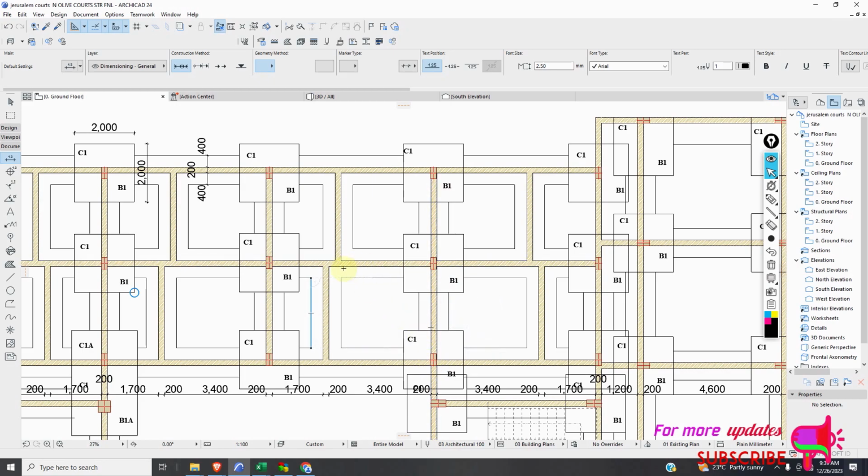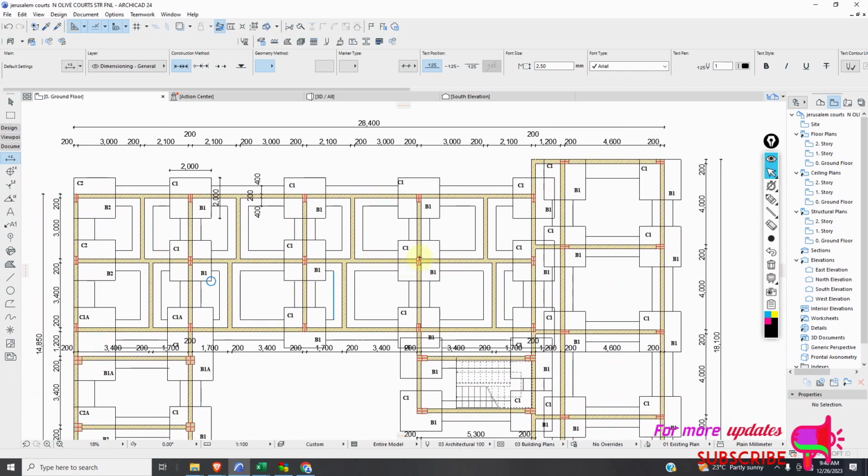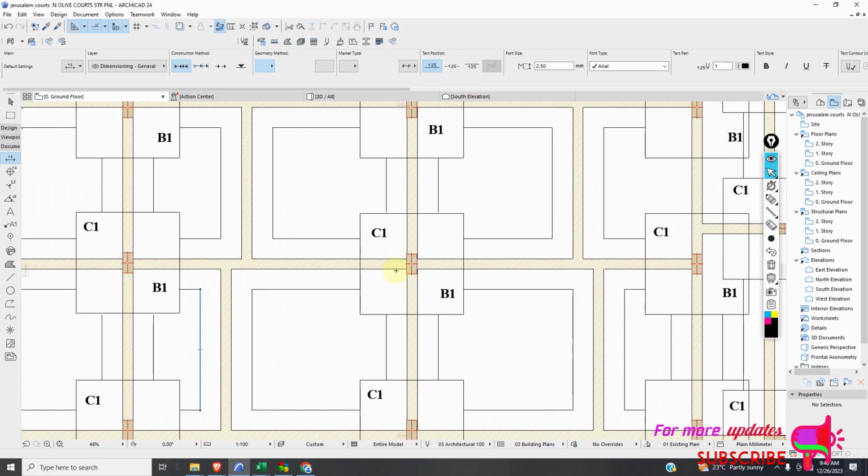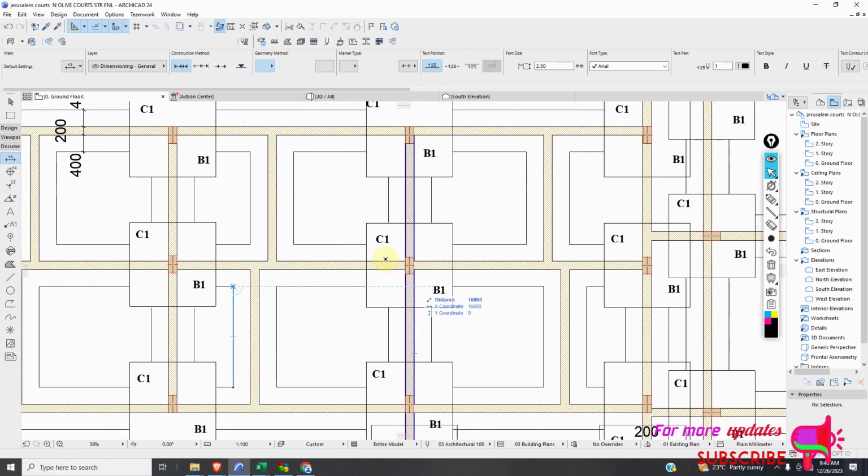And this beam is taking load from this secondary beam. This is the primary beam. It is taking load from two secondary beams, and also this beam is taking load from two secondary beams, this one and this one. So we will need to design this one as our prime or our critical column.